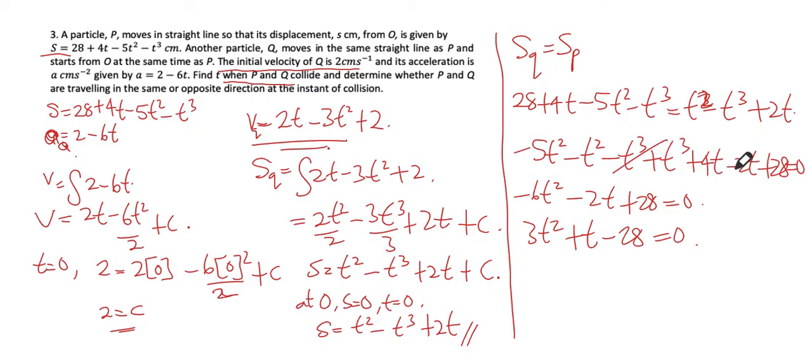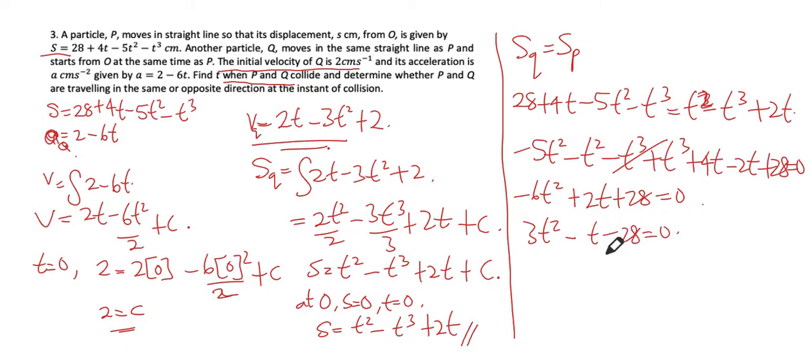Sorry, that should be plus, yeah, okay. So it should be plus 2t plus 28 equals 0. So that's negative, so negative t minus 28 equals 0.